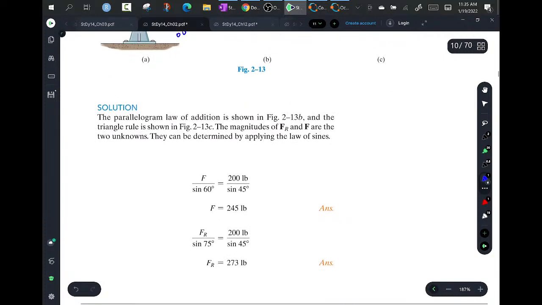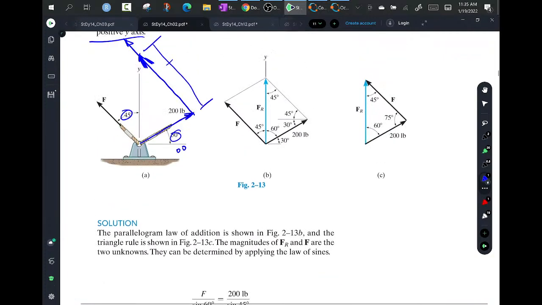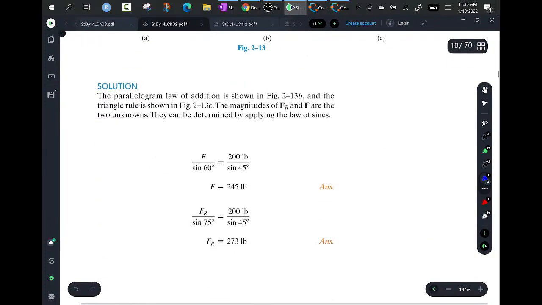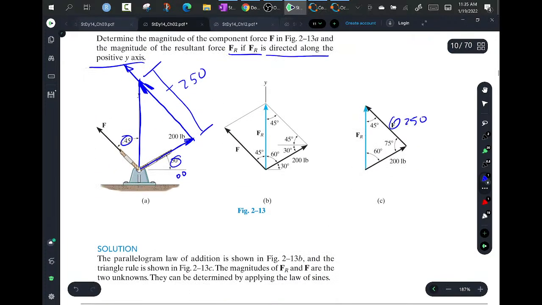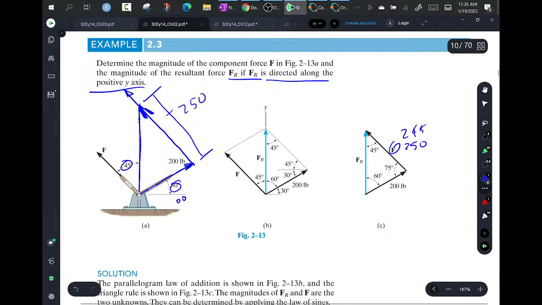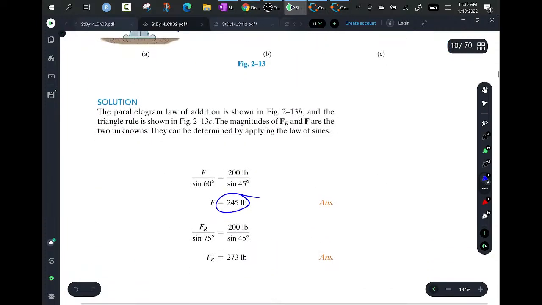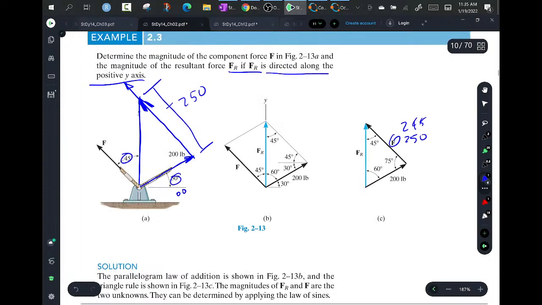Looking down here, it looks like F is going to be 250. So this distance ends up being 250, or was it 245? I'm sorry, 245, and the other one ends up being slightly higher at 273.